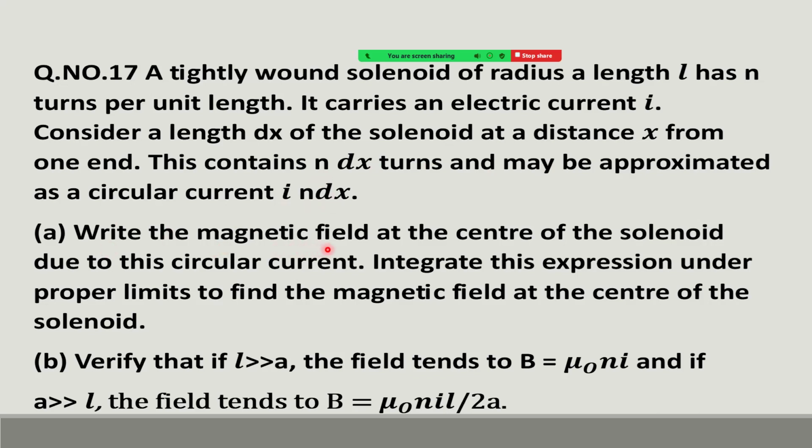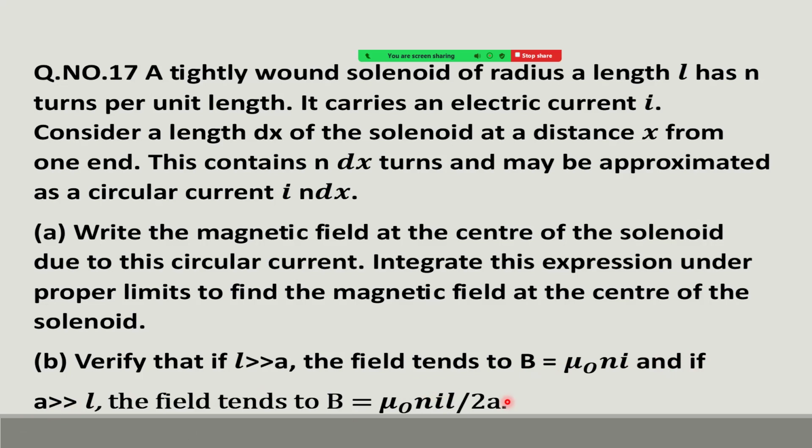The magnetic field at the center of the solenoid due to this circular current. Integrate this expression under proper limits to find the magnetic field at the center of the solenoid. Verify that if L is very large compared to a, the field tends to mu naught nI, and if a is very large compared to L, the field tends to mu naught nIL by 2a.